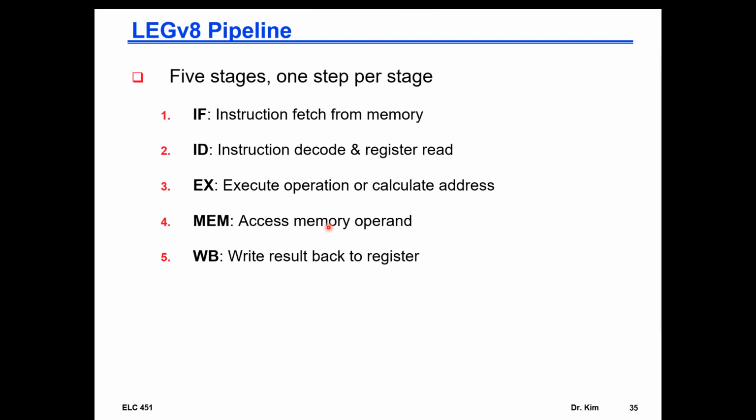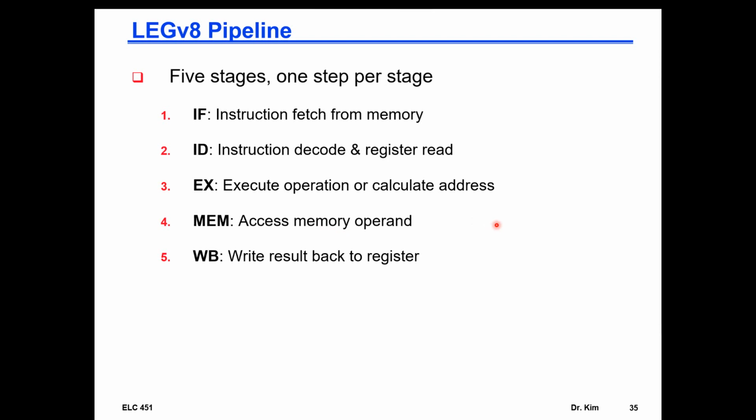But if we have a load or a store, then that's where we access the memory, because we calculated the address in the previous stage. And then we write back the result to the register file, whether it came from the execution because it was a register type instruction, or whether it came from memory in the case of a load.